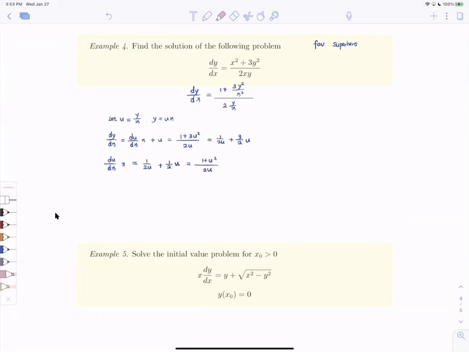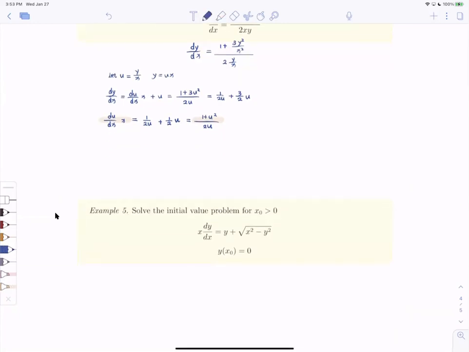So now we have this ODE, and we can use separation of variables to solve it. So now we'll integrate both sides. So the integral of 2u over 1 plus u squared du equals the integral of 1 over x dx.